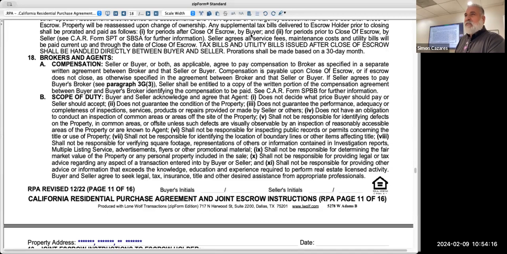Does that make sense? So in essence, I hear it quite often: what's the security that if I have a buyer representation agreement that I'm going to be paid a commission? Well, there's nothing guaranteed in life.